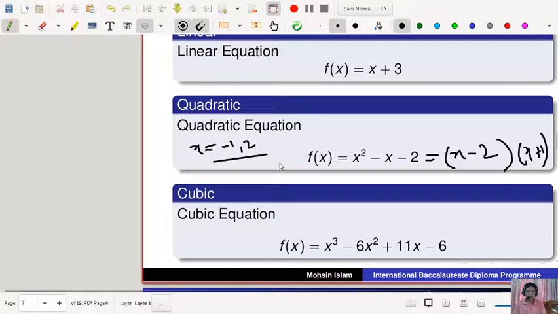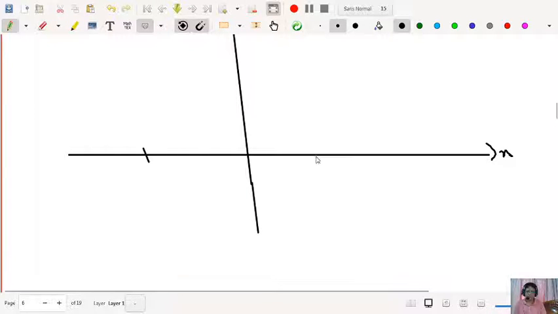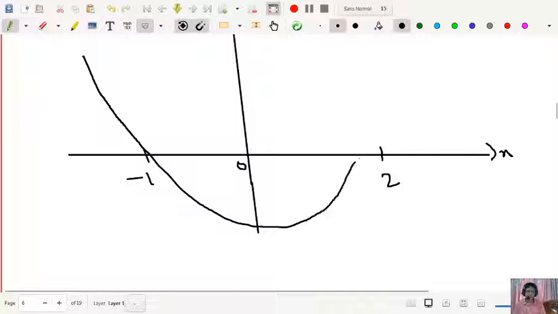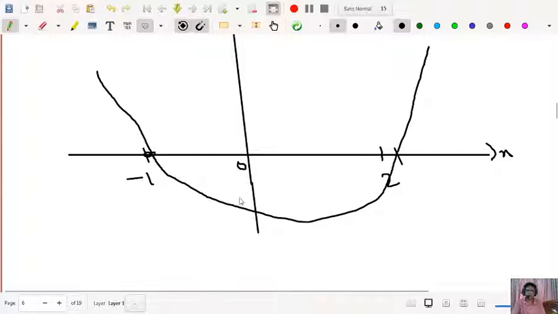So on this side you have minus 1, this is your origin, and this is 2, and the curve will be like this. It's called a parabola. This is the graph of y equal to f(x).